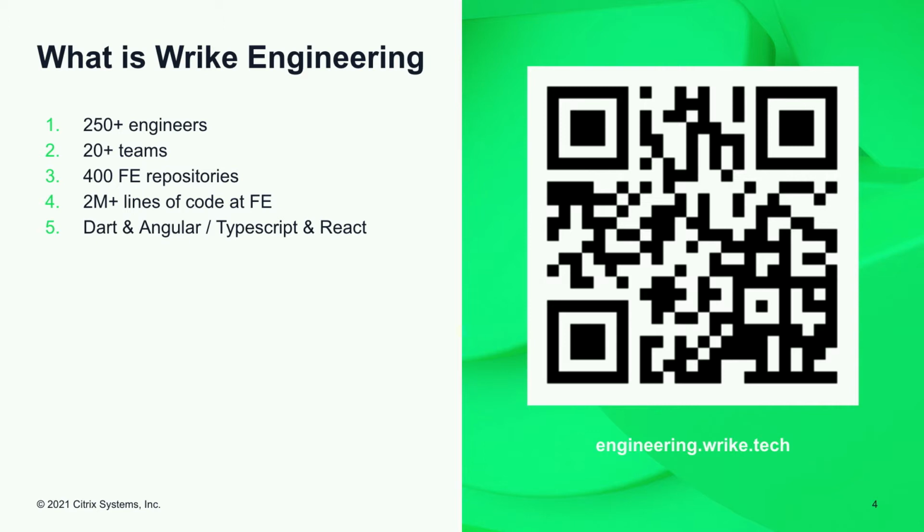We have 20 teams, and 2 of these teams and about 20 of these engineers work exactly on this project I will be talking about today. We have 400 front-end repositories for this micro front-end architecture, and I will be talking about just one single repository out of these 400 today. And in total, we have 2 million lines of code just at front end, and even more.